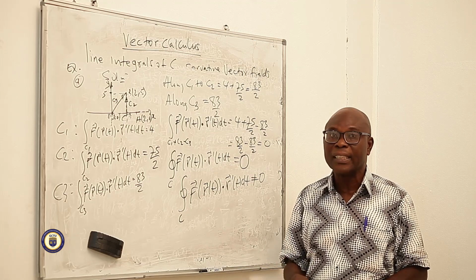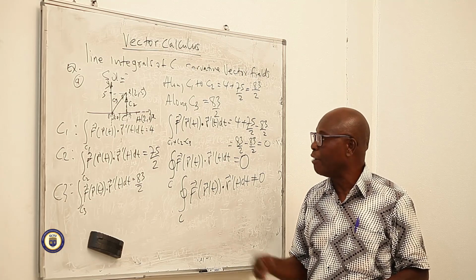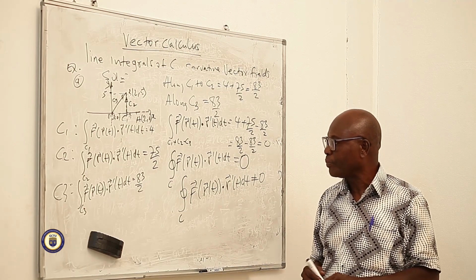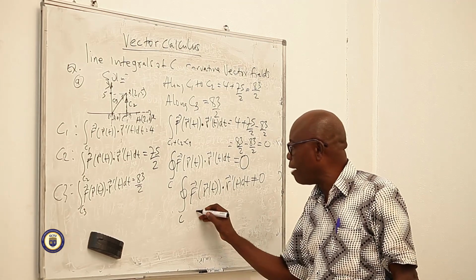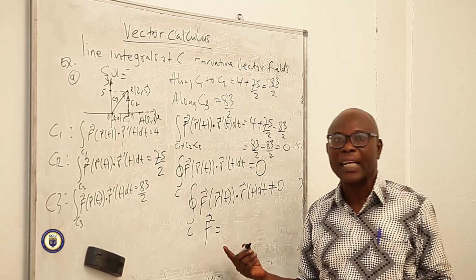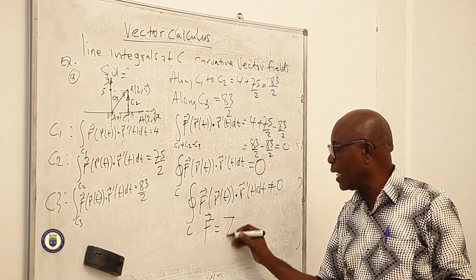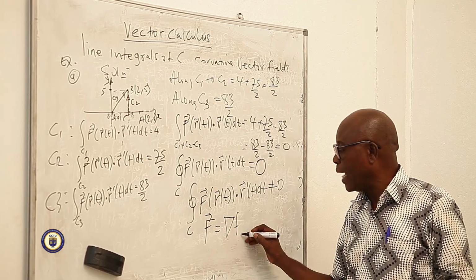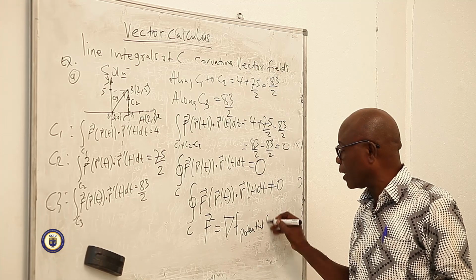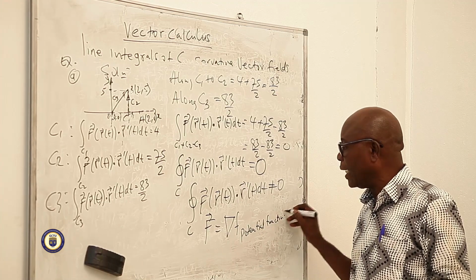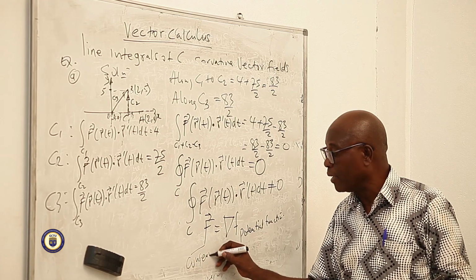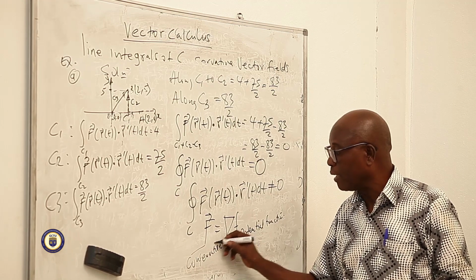And so we learned from our earlier videos, other lectures, that a conservative vector field F is always calculated from nabla f, where f is a potential function. And then our F obviously is a conservative vector field.